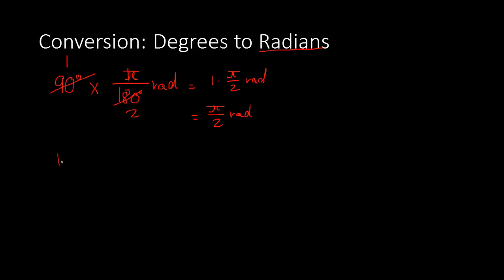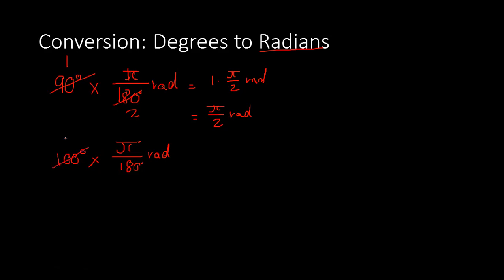Let's just say we have 100 degrees only, forgive me. Now let's convert 100 degrees to radian. So this one would be 100 degrees times pi all over 180 degrees radian. We can simplify this. 100 degrees and 180 are both divisible by 20.